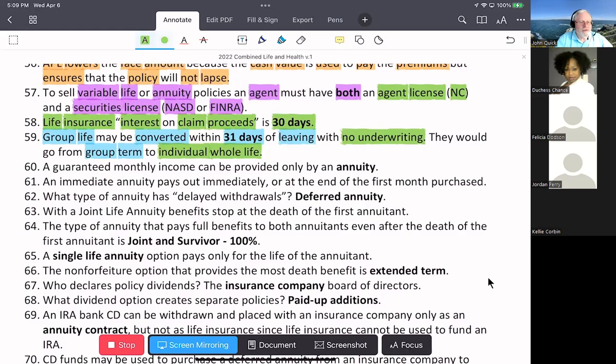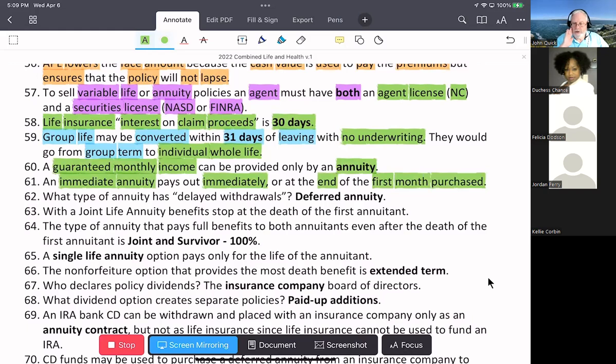Now, what's the only thing that can provide a guaranteed monthly income? Why, an annuity can give you a guaranteed monthly income. Now, an immediate annuity pays out immediately or at the end of the first month.